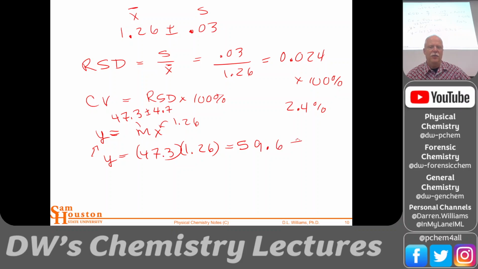Okay, and so what we need to know for this propagation of uncertainty is, it's plus or minus what, right? It's not 0.03 because that's the uncertainty associated with our X value. It's not 4.7 because that's the uncertainty associated with m. We need to figure out what the uncertainty is in our result.